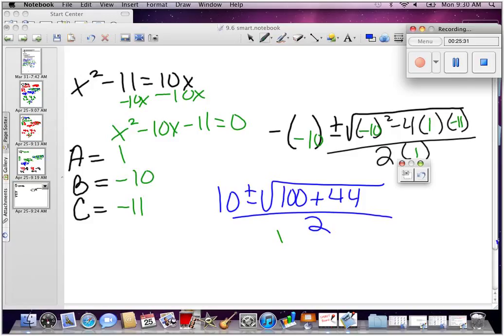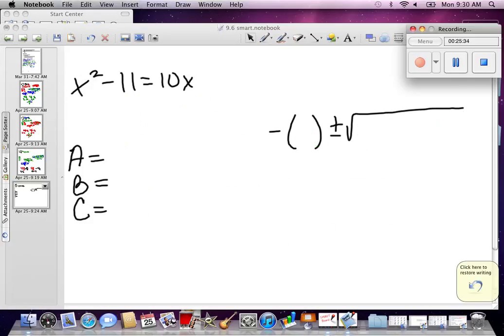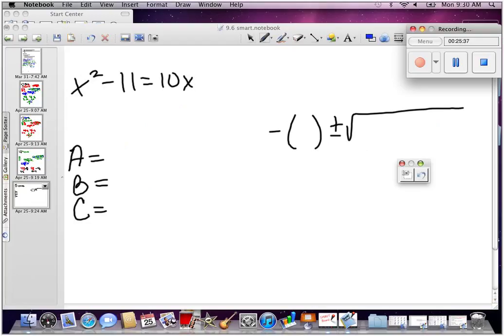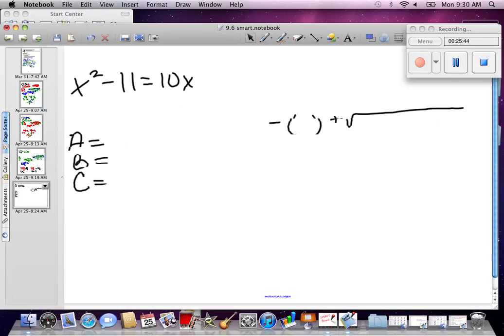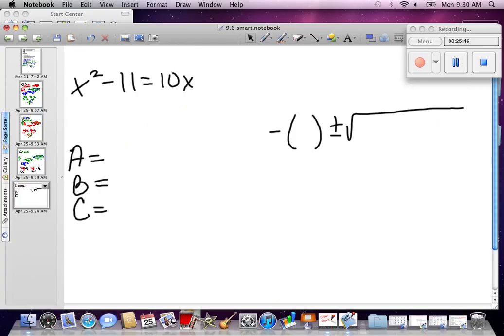Now, okay. Oops, went too far, didn't I? Oh, let me see. I won't put it all up here again. What happened? All right, well, guess what? This is 1, negative 10, negative 11. Okay, so we were at the point where we had, oh my gosh.